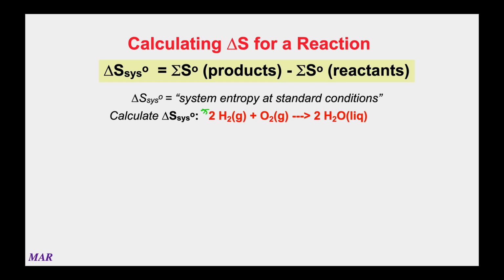We'll have 2 liquid water values minus the 2 hydrogens and the oxygen. Now, in entropy, remember the only time you have 0 entropy is for the pure crystal at 0 Kelvin, which is like never. So what that means is that unlike enthalpy, we do need to look up values for liquid water, for hydrogen gas, and for oxygen gas.